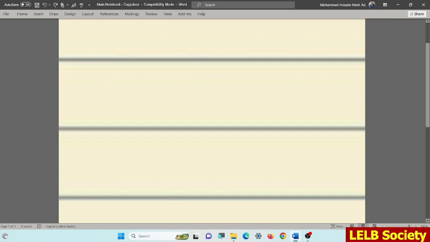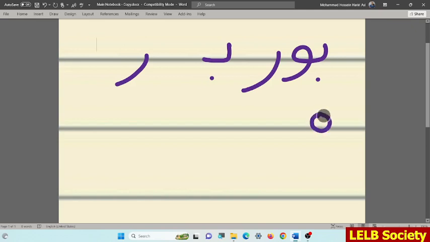So the ninth word is bur. You already know be, you already know re. The letter that you have not learned so far is u or ve.